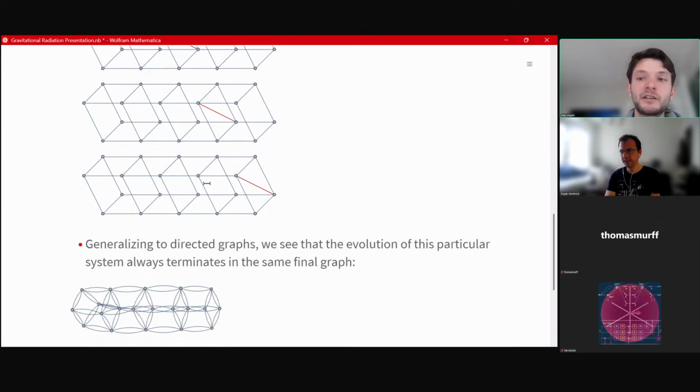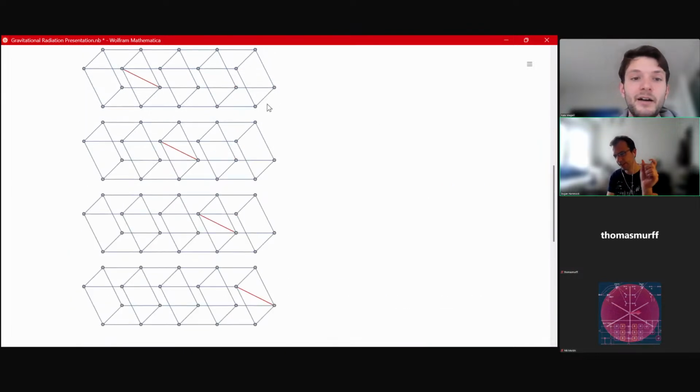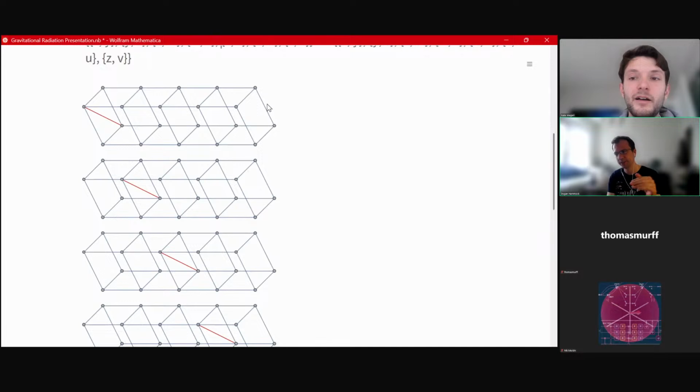Are these graphs oriented? Are you using the orientation, the sort of rightward orientation? Yeah, exactly. So in this particular setup, I haven't shown it in the pictures here, but the edges are oriented.